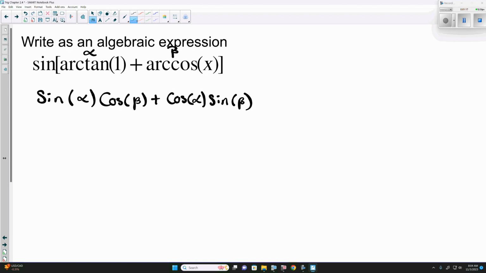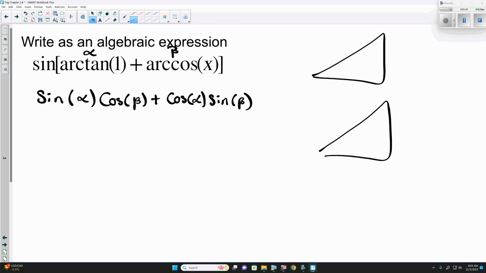Now in both cases, at least with arctangent, we could actually get a value because it's arctangent of 1, which is really telling us tangent of alpha is 1, and the only case that works out is with pi over 4. But we're going to use a triangle to get there.